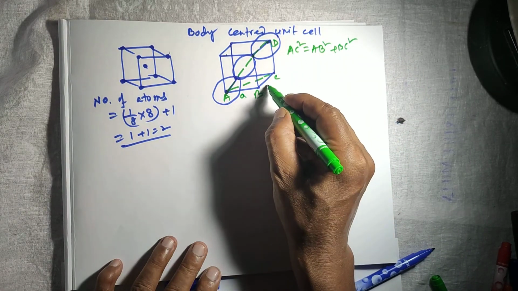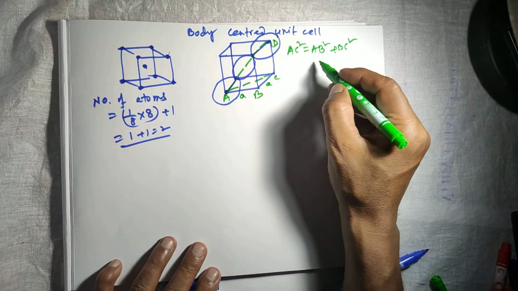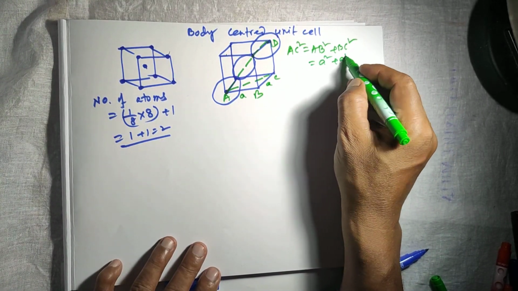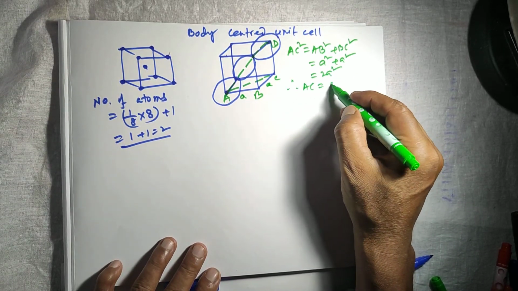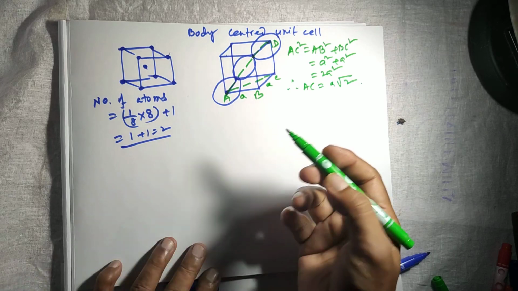We know the edge length is a, so it will be a square plus a square, that means 2a square. So AC equals a root 2.